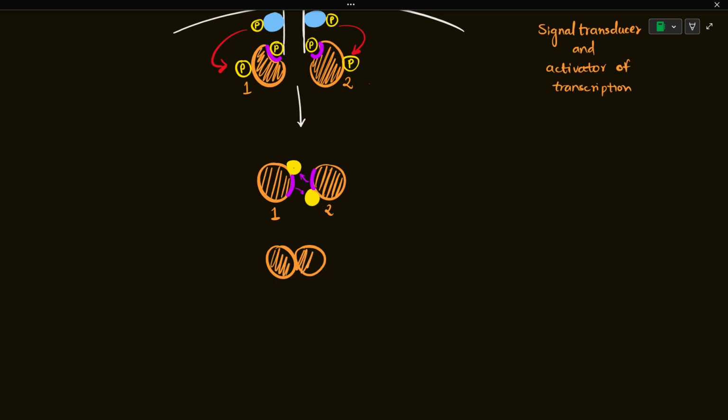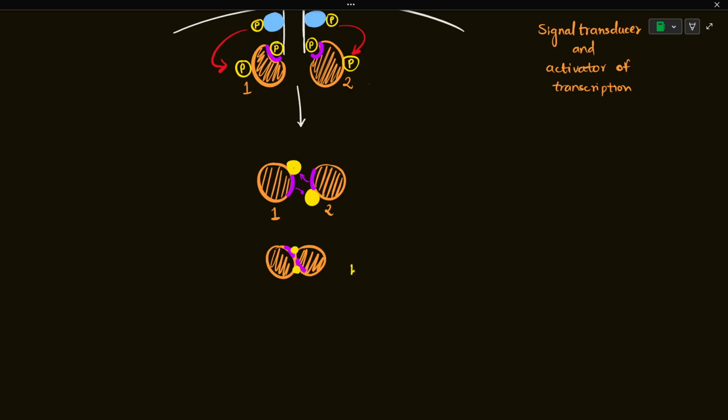This dimer, which is formed by STAT1 and STAT2, is due to both of them having the SH2 domain. So this SH2 domain will bind to the phosphotyrosine residue of STAT1, and this SH2 domain of STAT1 will be bound to the phosphotyrosine residue of STAT2.